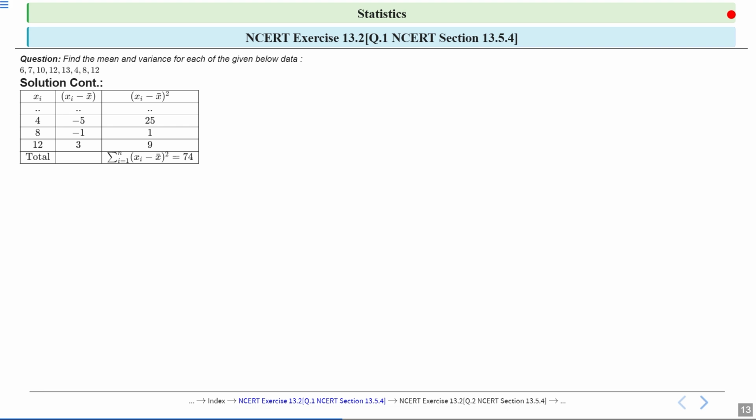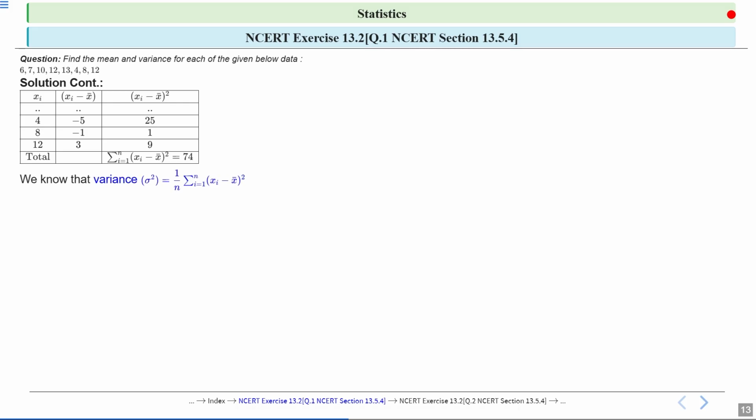Here we see a table that helps us calculate the variance. The columns are xi, xi minus x bar, and xi minus x bar whole square. And the sum from i equal to 1 to n of xi minus x bar whole square equals 74.